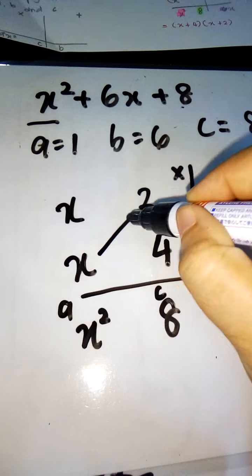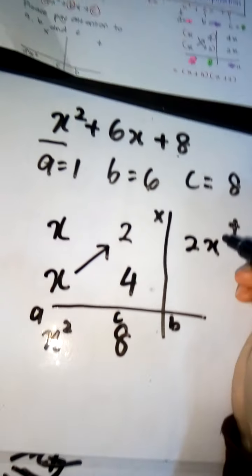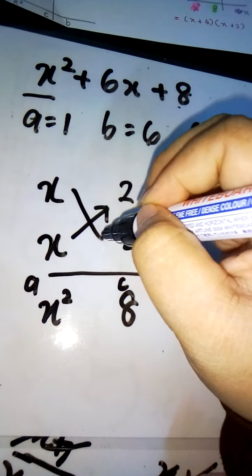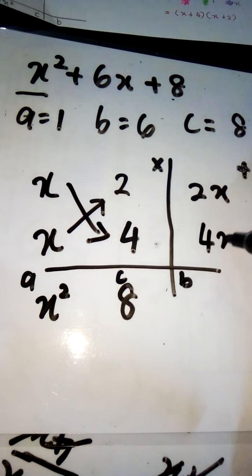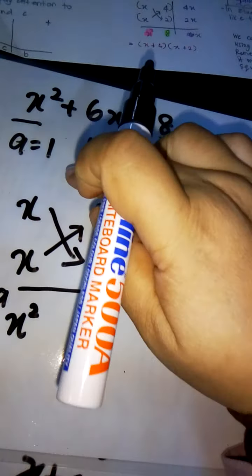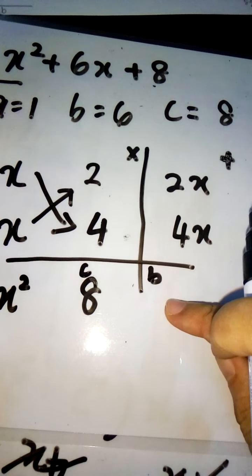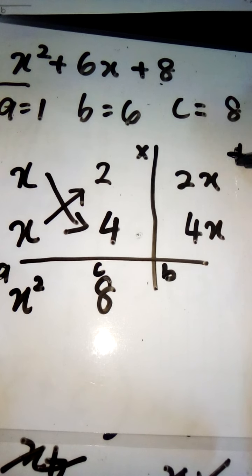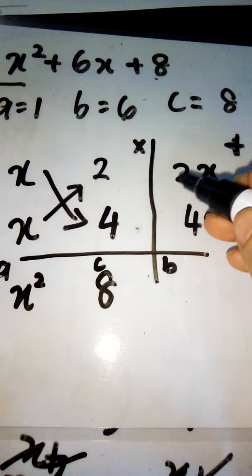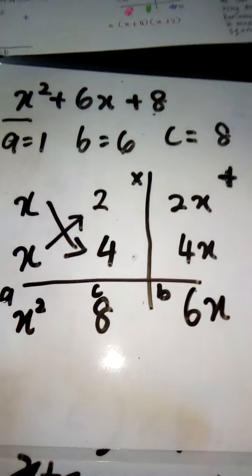Now you cross multiply it. x times 2 becomes 2x. x times 4 becomes 4x. Now we see here, I want it to be the same as b, which is 6x. So I add the two of them. 2x plus 4x, did I get 6x? Yes, I do.